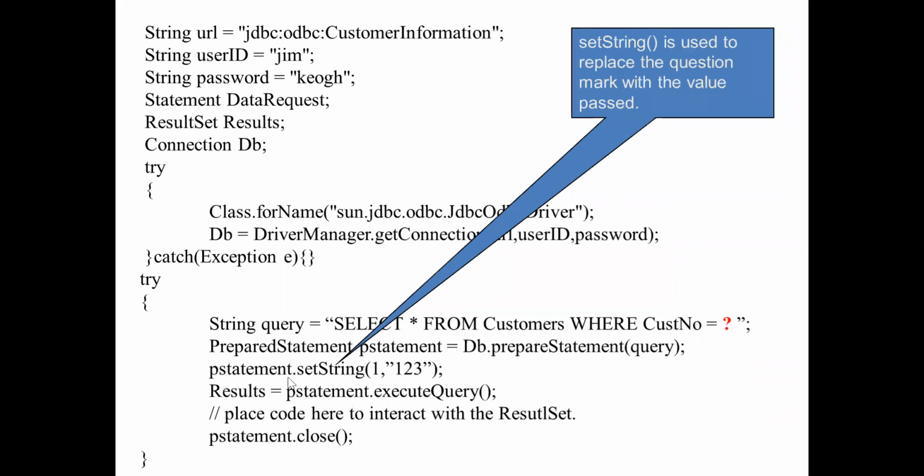Then pstatement.setString(1, "123"). The setString method is used to replace the question mark with the value passed. We have to pass the value that we want to set in the statement.